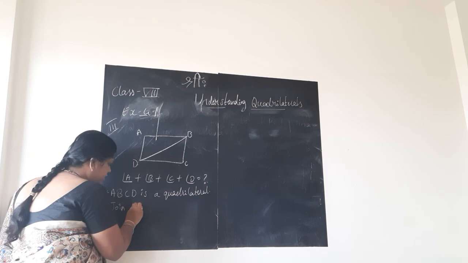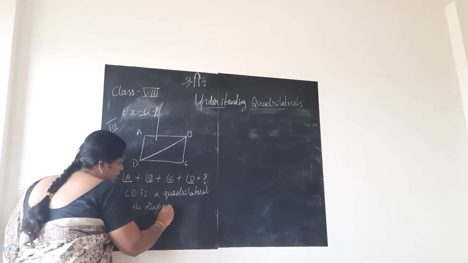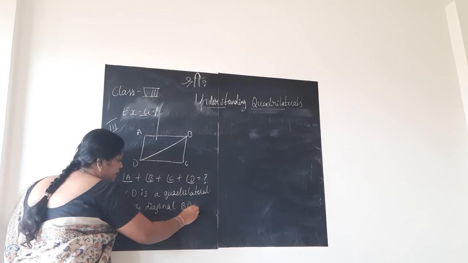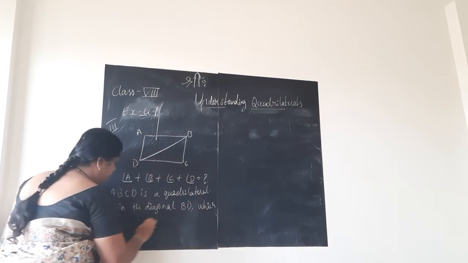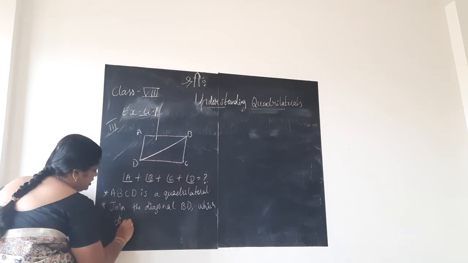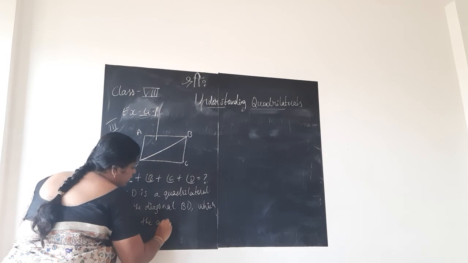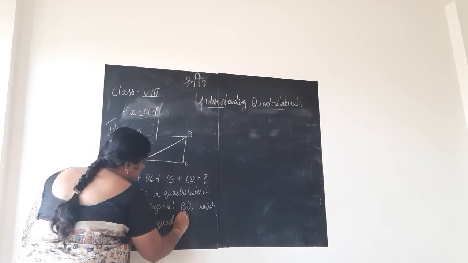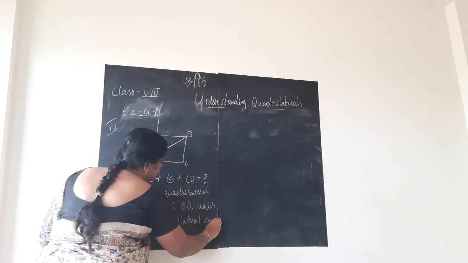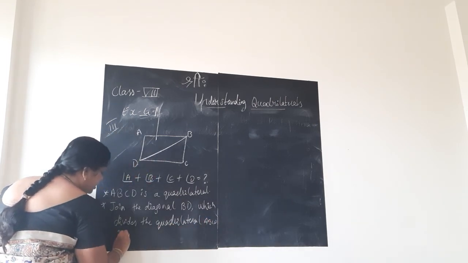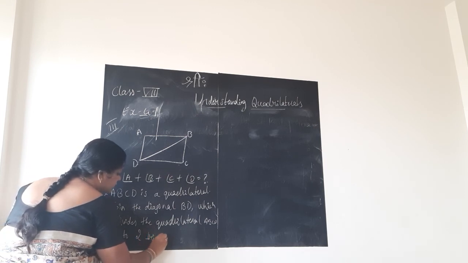Join the diagonal BD, which divides the quadrilateral ABCD into two triangles.